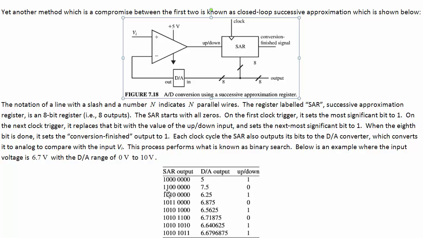So as it moves to the next bit, it changes that one to a 0. Next bit becomes a 1. Comparator outputs 1. So it leaves that a 1 as it moves to the next bit. Comparator outputs 0, makes that a 0 as it moves to the next bit. Comparator outputs 1, leaves that a 1, moves to the next bit, outputs a 0. So it makes that a 0 as it moves to this bit. Outputs a 1, so it leaves that. Outputs a 1, leaves that. And there we go.